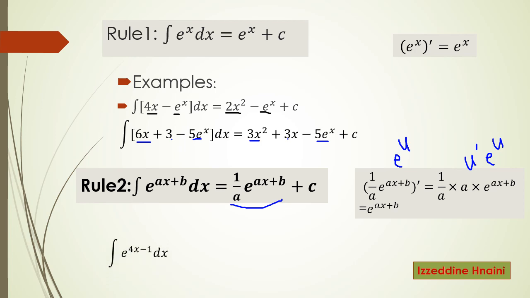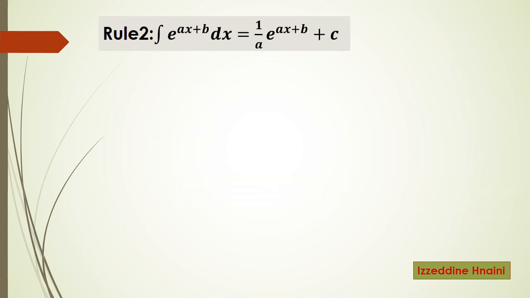For example, here a is 4 and b is minus 1. So the antiderivative of e^(4x-1) equals 1 over a, that is 1 over 4 e^(4x-1) plus C. Other example, the antiderivative of e^(2x).